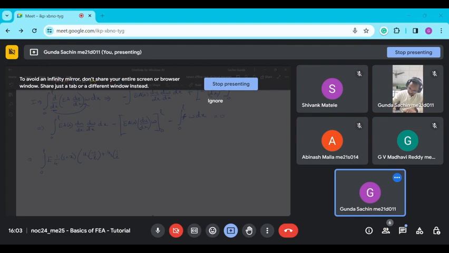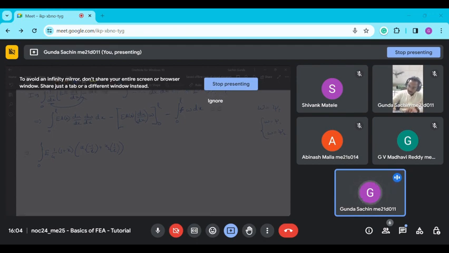And then we have w, the weight function, which we take the same as the shape functions. So you need to do it for w equals psi 1 once, and then w equals psi 2 another time.